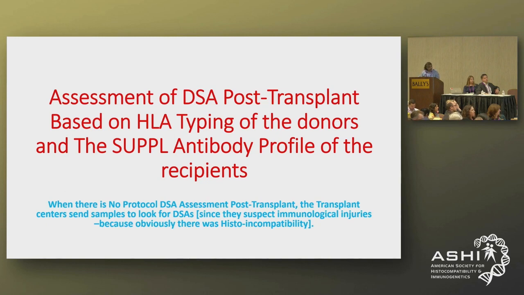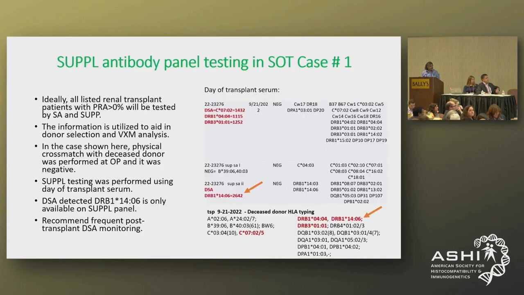So it's important for us to see if there are any HLA DSAs which we can detect. So this is one of the cases where we did detect supplemental, extra antibodies. If you were to correlate with the creatinine, yes, it did correlate.